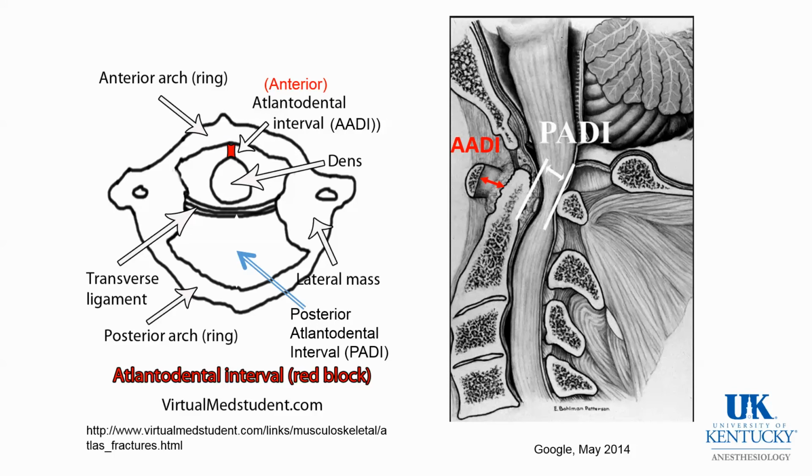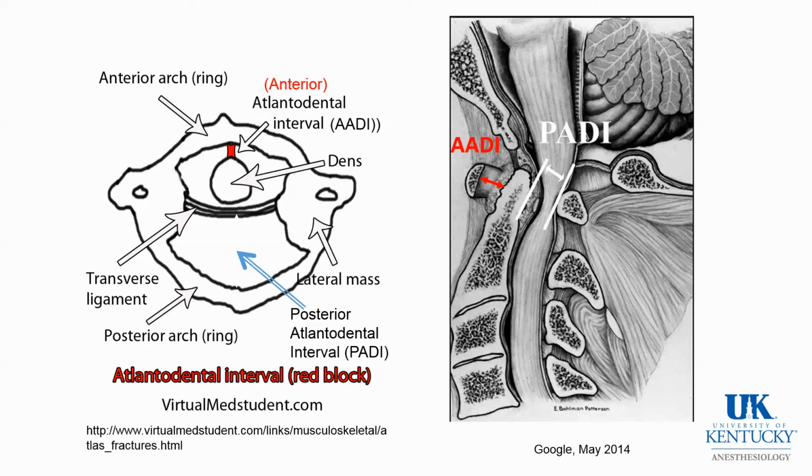This illustrates the important relationship of the dens as it projects into the atlas. The dens is held in place by the transverse ligament. If either due to fracture or ligamentous tear, movement is allowed, it can compress posteriorly into the area where the spinal cord sits.